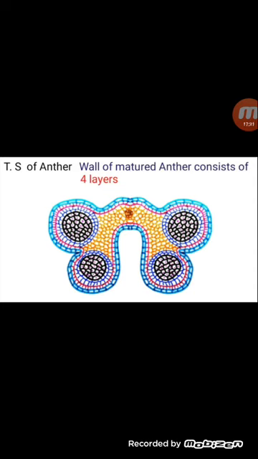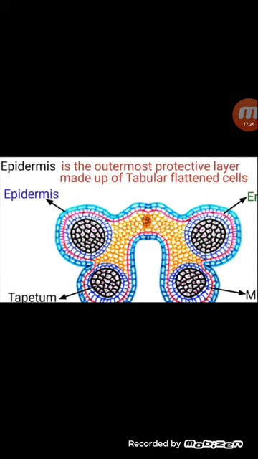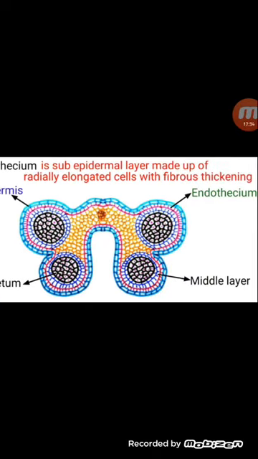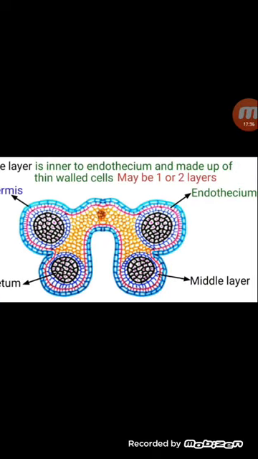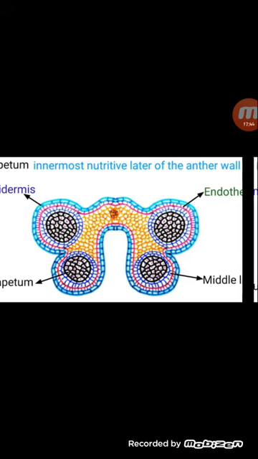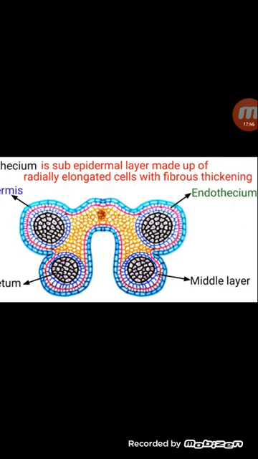Next, tapetum. So the 4 layers are epidermis, endothecium, middle layer and tapetum. Now let's see one by one.